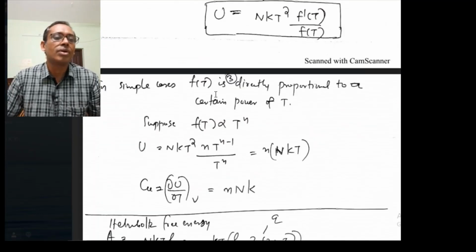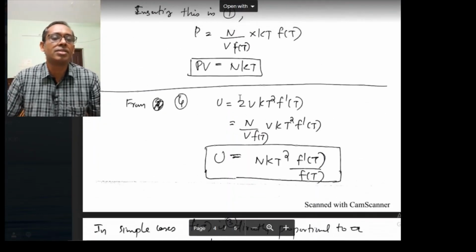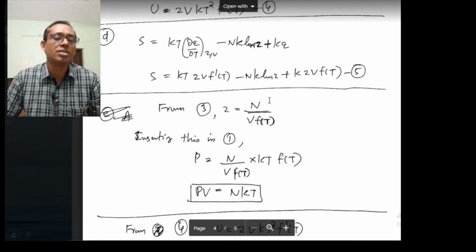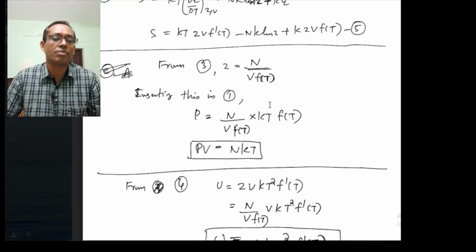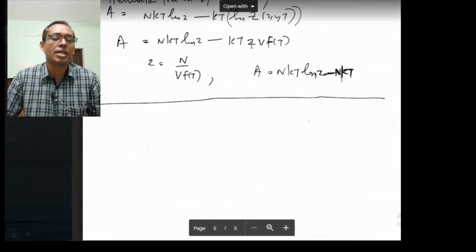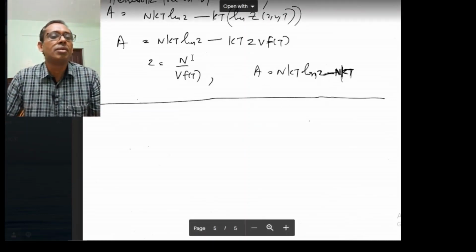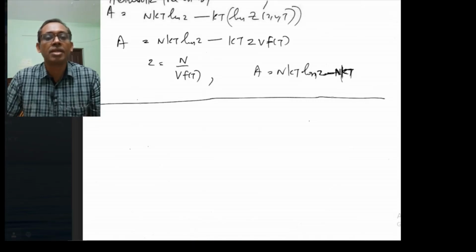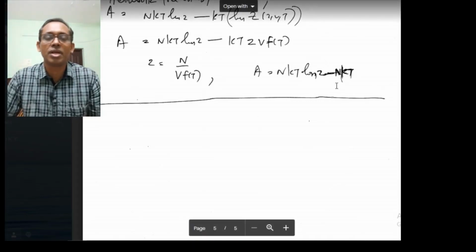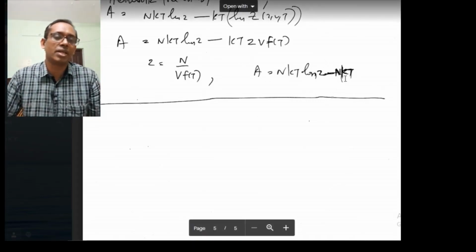Now once again I substitute for z from 1. z is N over Vf(t), so that I am substituting here. So I will get A, the Helmholtz free energy, equal to NkT log z minus NkT. So this is the expression for the Helmholtz free energy of a classical ideal gas.